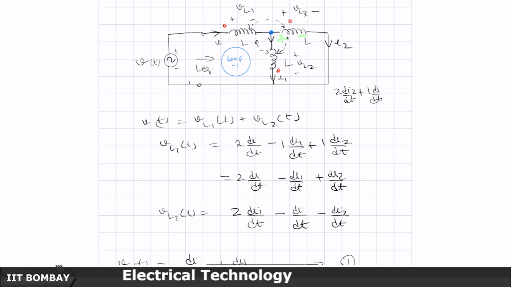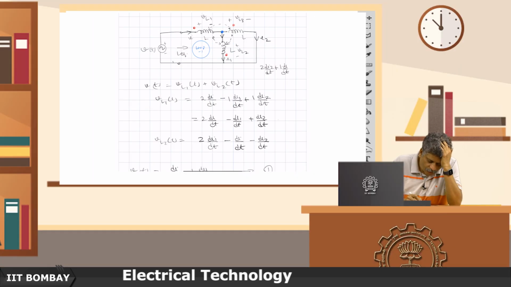So, it comes as a drop. So, I will write it as 1 times di by dt, and in the second inductor the current I1 is leaving the dotted terminal. So, 1 di1 by dt will come now as a voltage rise, because the current entering this dotted terminal is minus I1. So, if you look with plus and minus as the convention, the voltage induced is 1 times minus di1 by dt. So, it will be minus 1 times di1 by dt. Let us take it down.